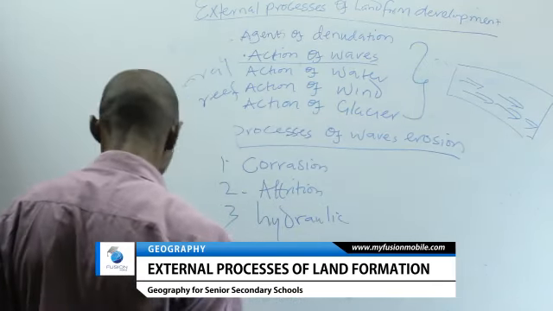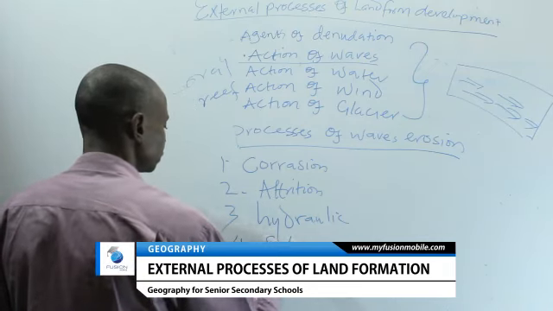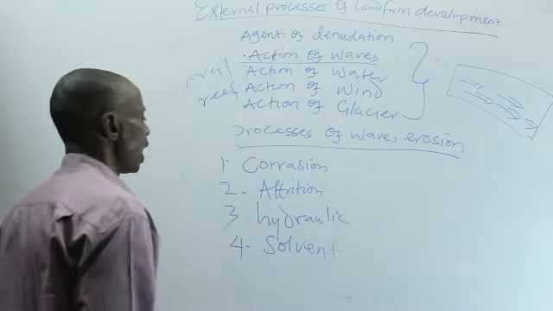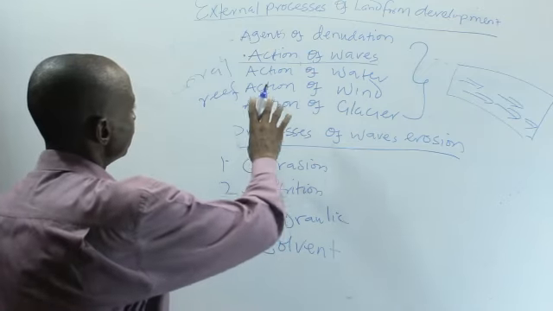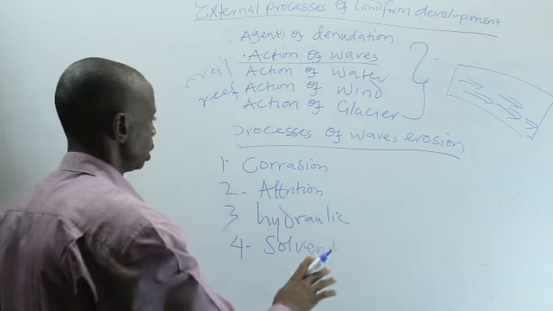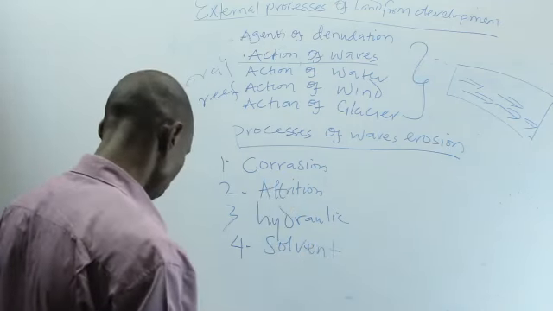Number four, we have solvents. So these are the four ways that waves erode the materials from one place to the other.